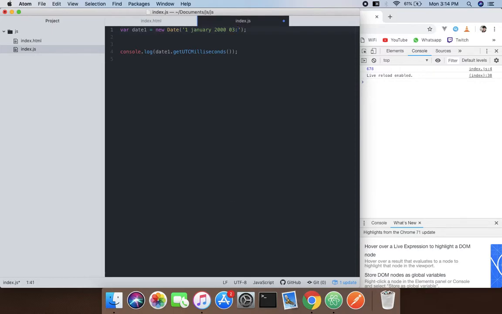So 15 and 30, and now what we're gonna do is use the GMT plus 7 and GMT minus 7. Now Command plus C and Command plus V.